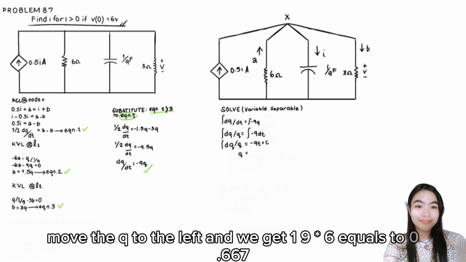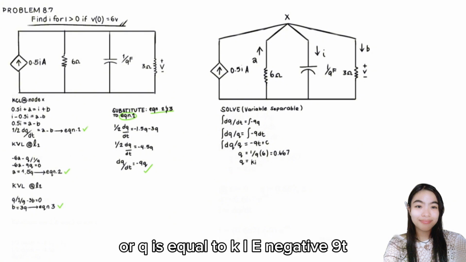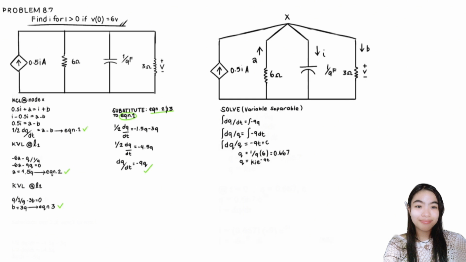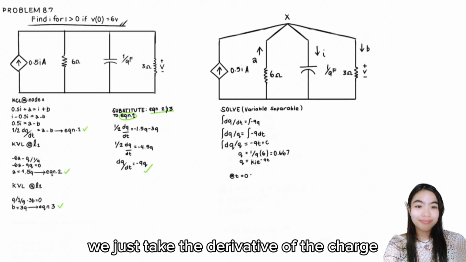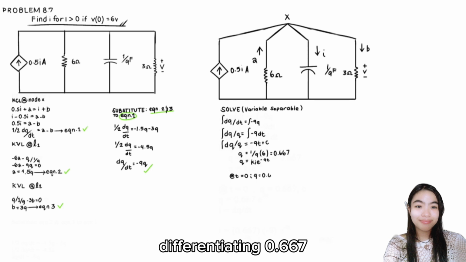Move the Q to the left and we get 1/9 times 6 equals 0.667, or Q is equal to 0.667 e to the negative 9t. Finally, to find the current I of t, we just take the derivative of the charge.